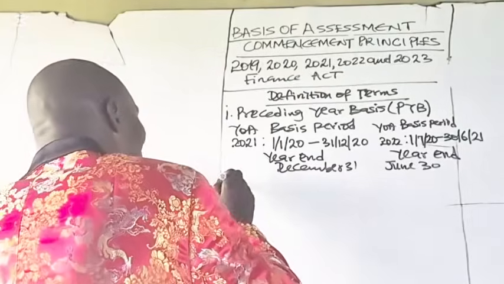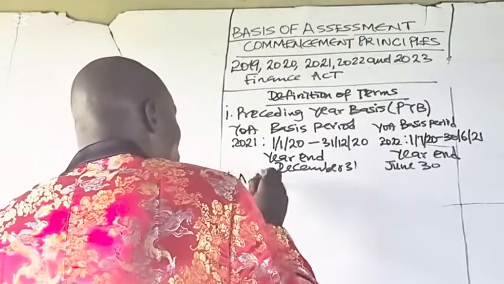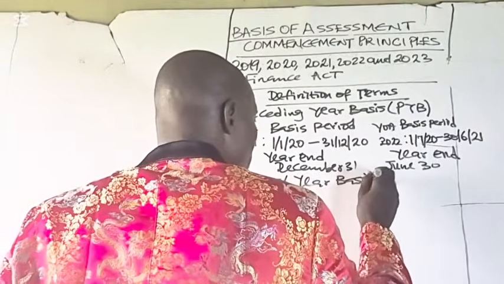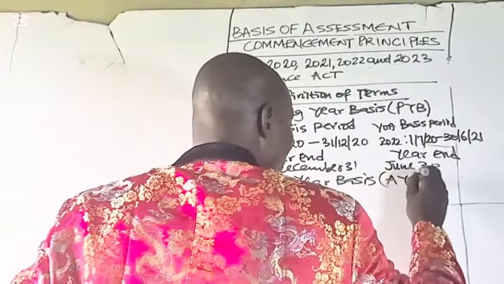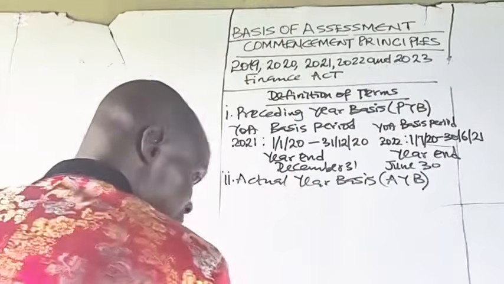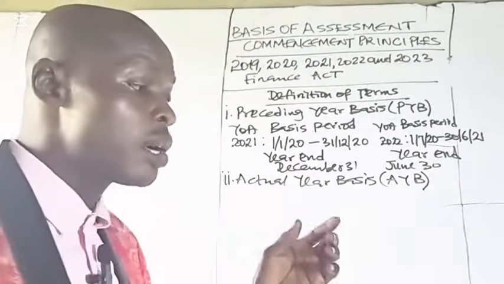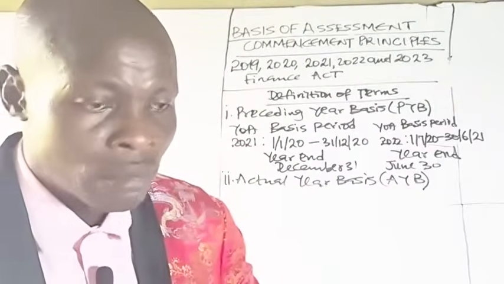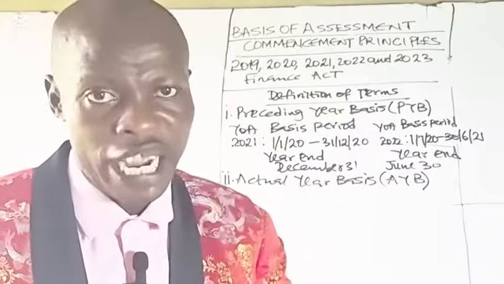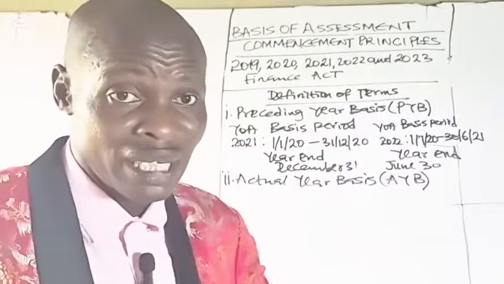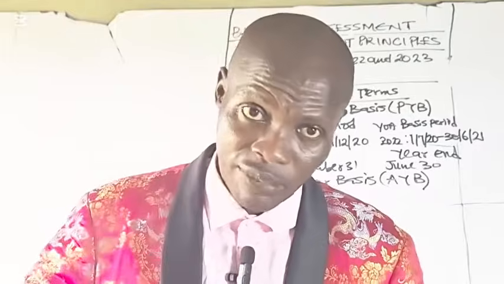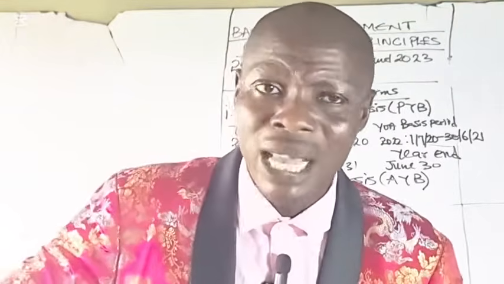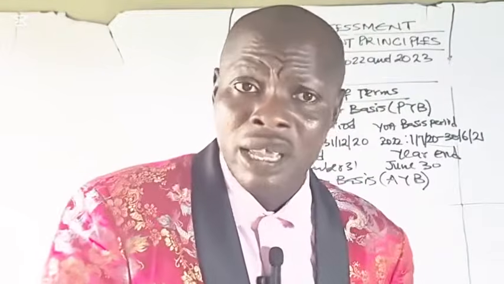Number 2, we have actual year basis. AYB. Actual year basis is the basis period that runs from the 1st of January to December 31st of the same year. It runs from the first day, 1st January, and ends on December 31st of the same year, not on PYB.